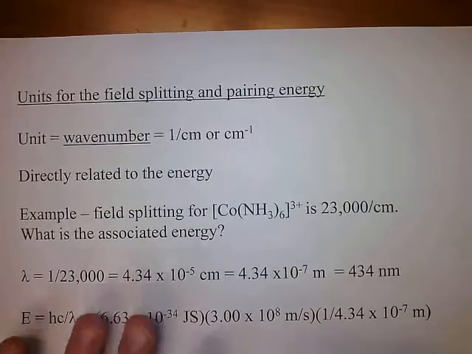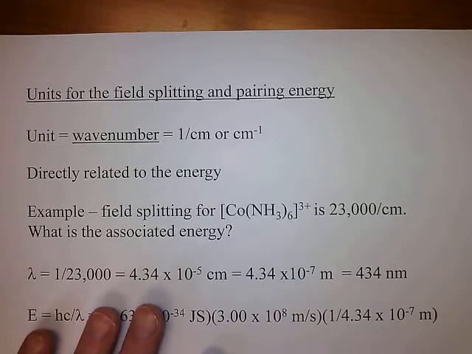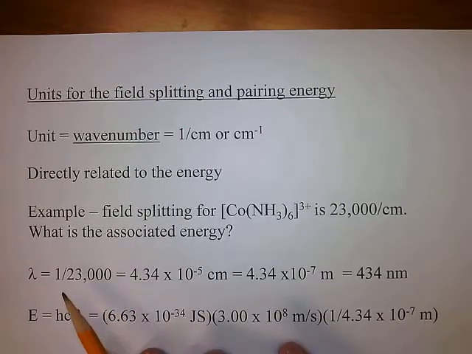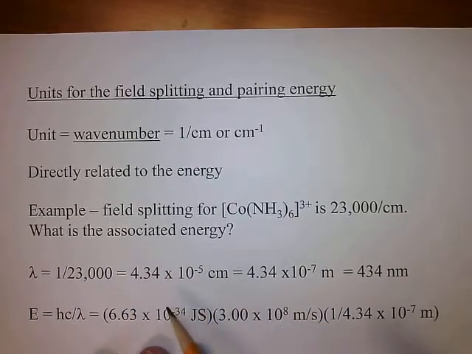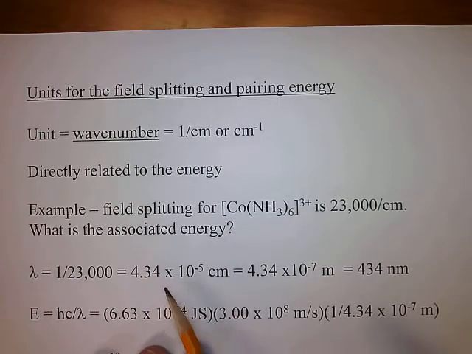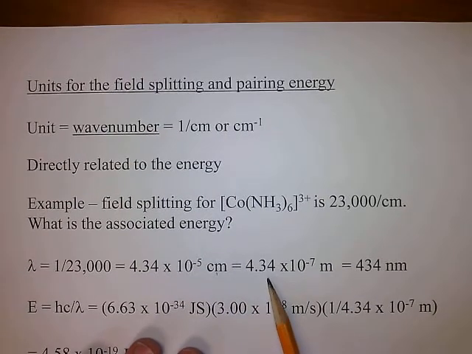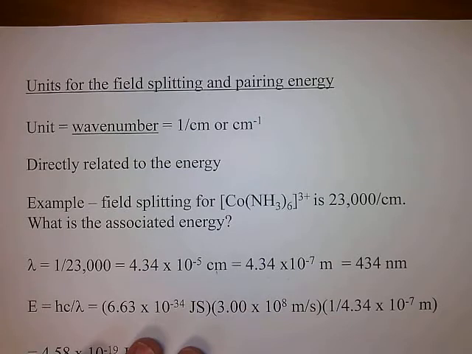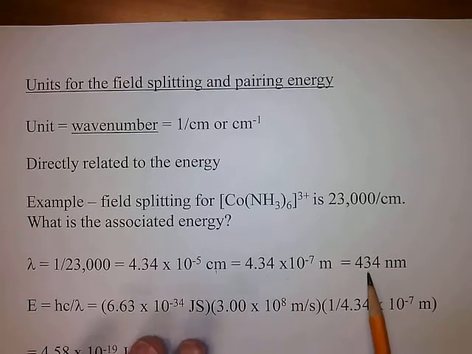Alright, so let's first convert this into a wavelength instead of 1 over a wavelength. So 1 over 23,000 per centimeter comes out to be 4.34 times 10 to the minus 5th centimeters, which is 4.34 times 10 to the minus 7th meters, and if we multiply by 10 to the 9th, that converts it into nanometers, and that's 434 nanometers.